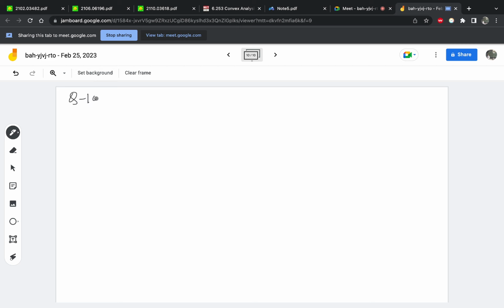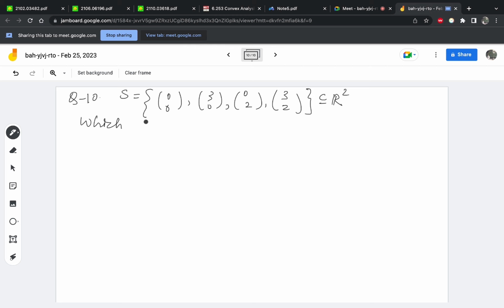Okay, question 10. S is a collection of a bunch of points in R2: (0, 0), (3, 0), (0, 2), (3, 2). The question is, which of the following are in the convex hull of S?